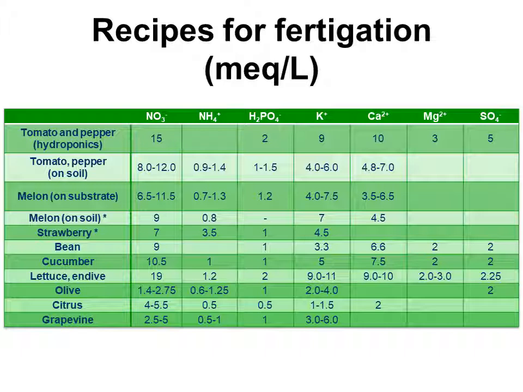Those marked with an asterisk mean that some phosphorus is put as basal fertilizer. For instance, melon on soil with basal phosphorus would require 9 milliequivalents per liter of nitrate, 0.8 of ammonium, 7 of potassium, and 4.5 of calcium.